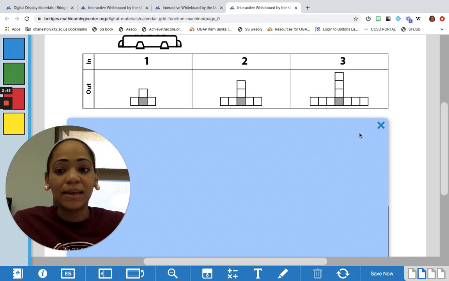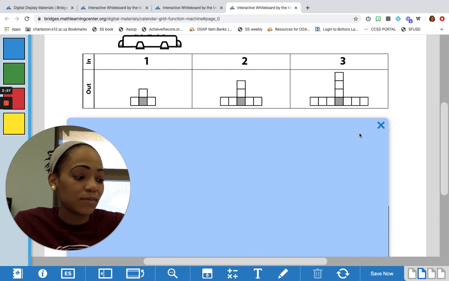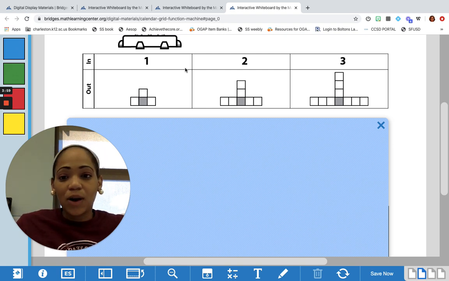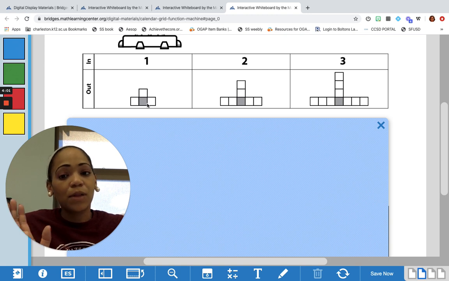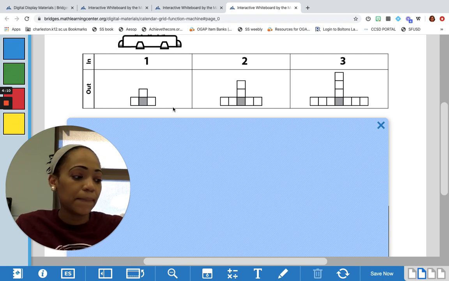What are you seeing? All right, so all of them have 3, it looks like I'm going to call them 3 arms. One on this side, in the middle, and here, and then each of them has 1 tile in the middle. Okay, what else?